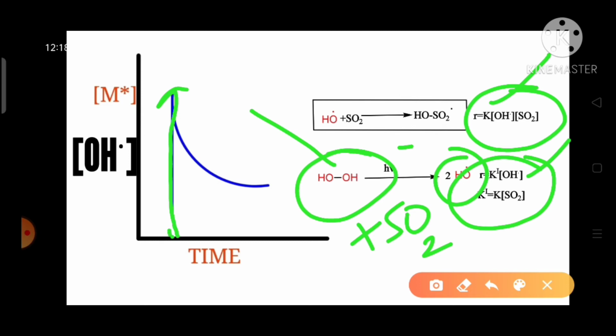So by using flash photolysis, in microseconds we produce a large amount of the activated species.